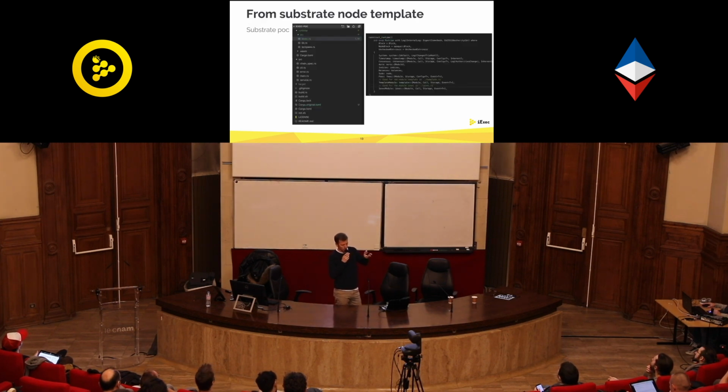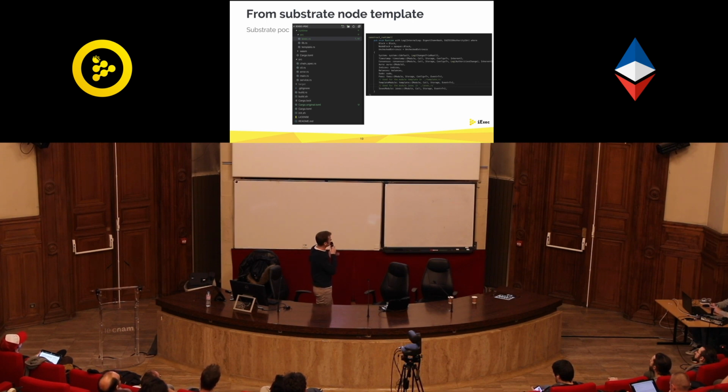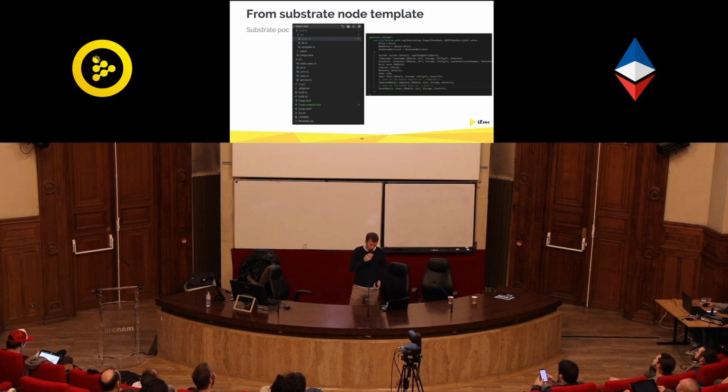So Substrate comes with some basic modules. You have basic blockchain modules like balances and consensus systems, and of course you can customize them, but you can also add new modules for your own logic. And here I introduce a new module, the iExec module, into the runtime.